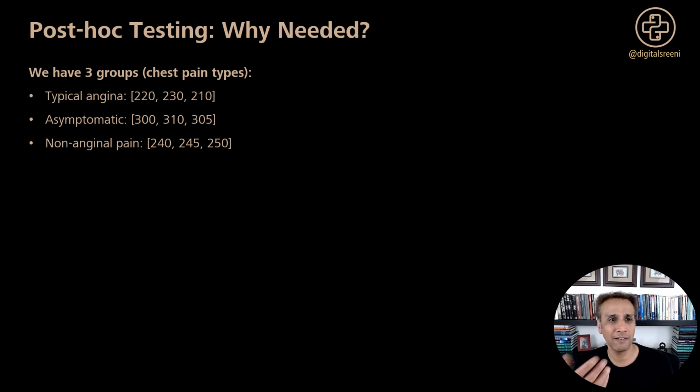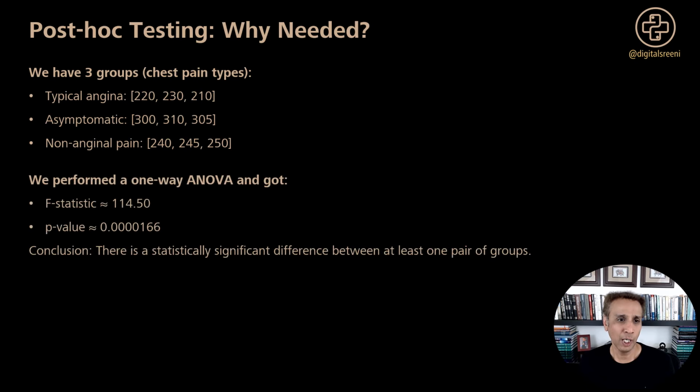And then I have the values right there, so 220, 230, 210, and so on. That's fine. We have these 3. And we performed an ANOVA test, and we got an F statistic and a p-value, and we concluded that there is a statistically significant difference between at least one pair of groups.